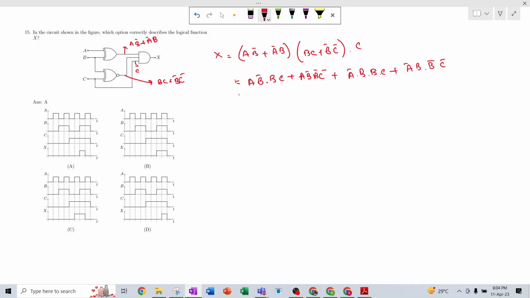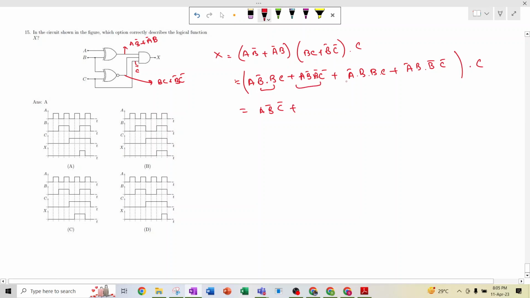This whole thing will be multiplied with C. Now B bar into B makes it 0, and here we get A B bar C bar plus, from here we get A bar B C.